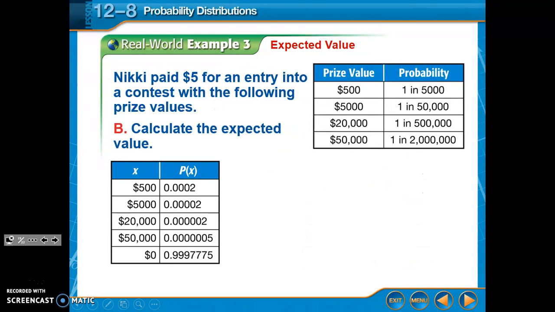The next part is to use this probability distribution to calculate the expected value. So remember, it's this times this, plus this times that, plus that times that.